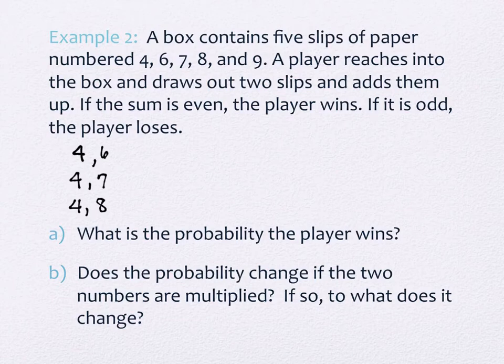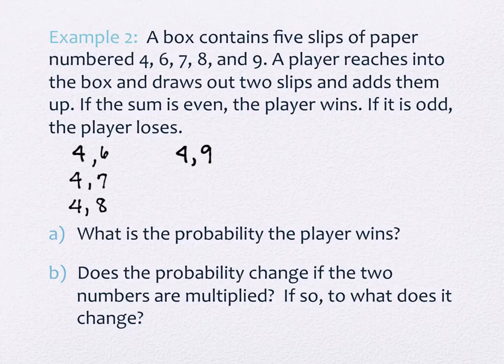I think I have one more, right? 4 and 9. We're just going to list it over here. Maybe it would be better if they were listed in order, but that's okay. That is every possible thing that I can combine with a 4, where I'm reaching in and drawing 2 numbers out. I could draw a 4, 6, a 4, 7, a 4, 8, a 4, 9.